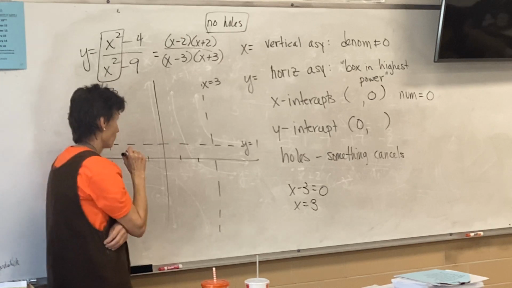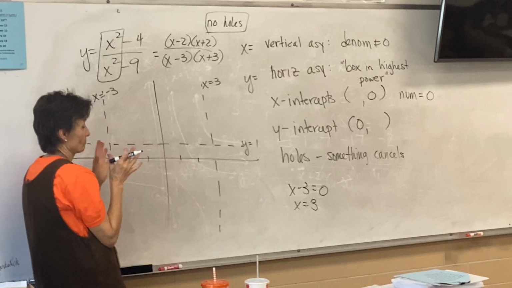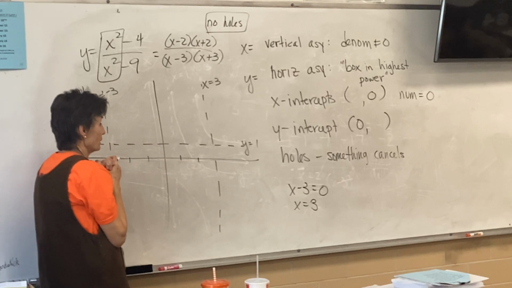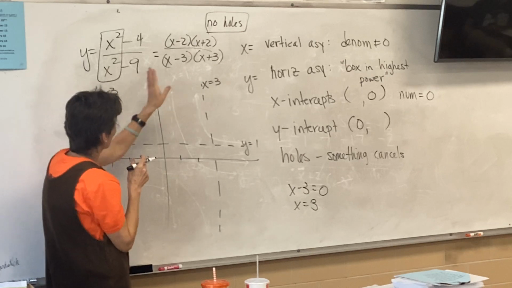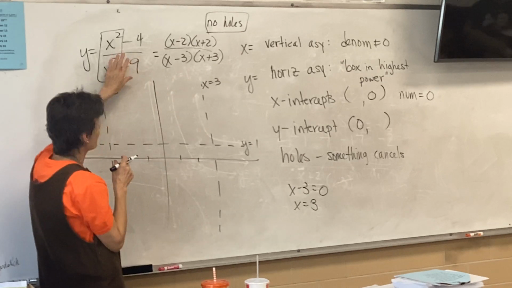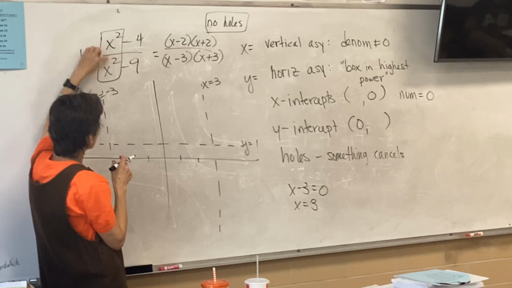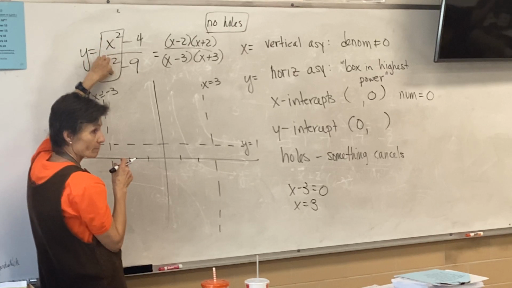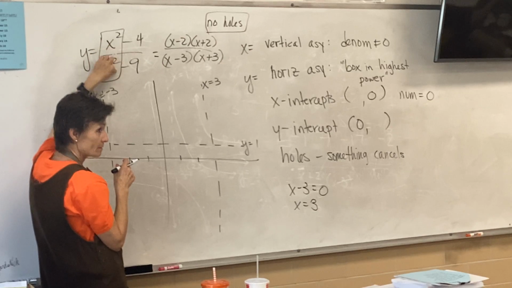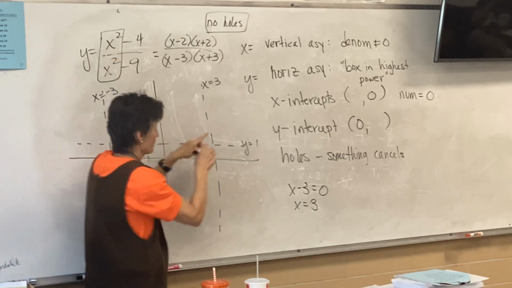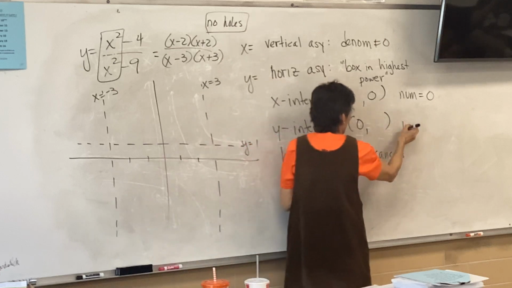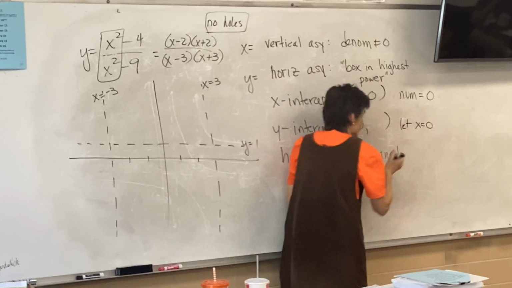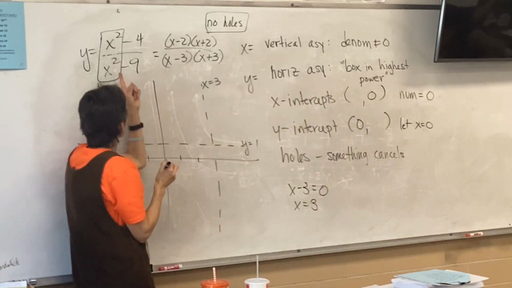All right, where do they come from? Well, sometimes it's easier to go back to the beginning. If you put 0 in for x, that's what we're doing, we're letting x be 0.